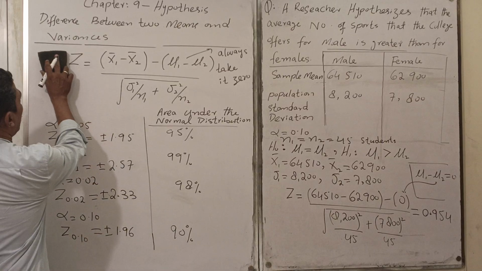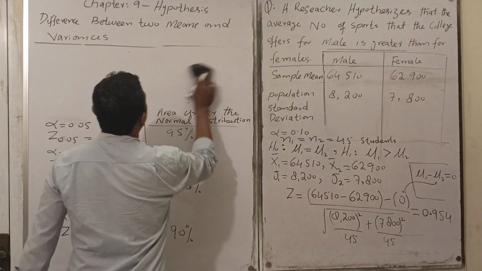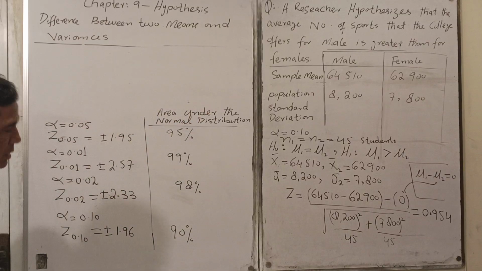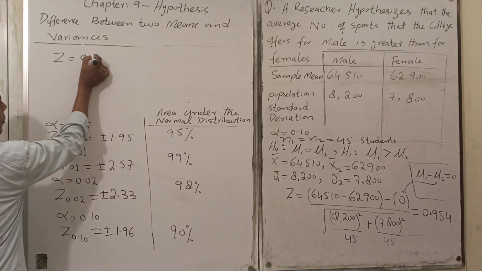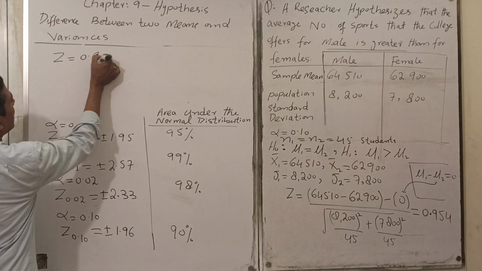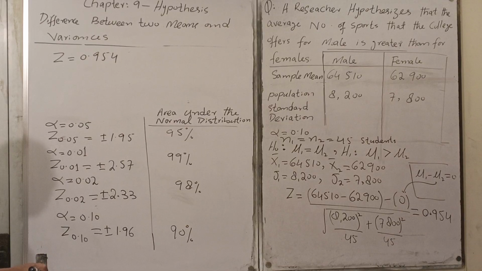With the help of this formula, Z is 0.954.